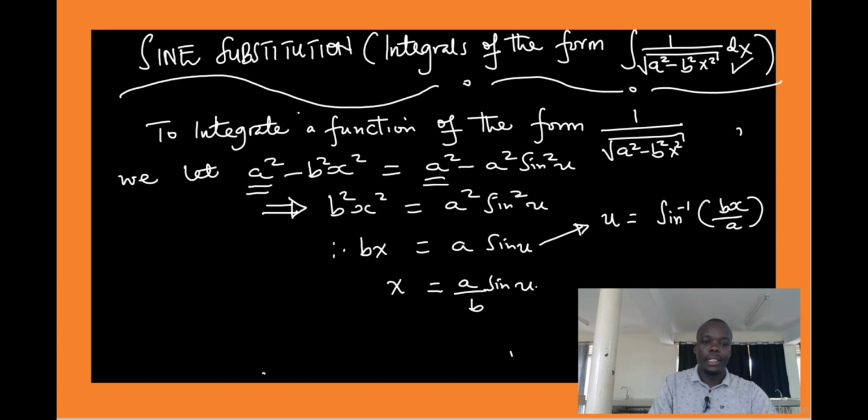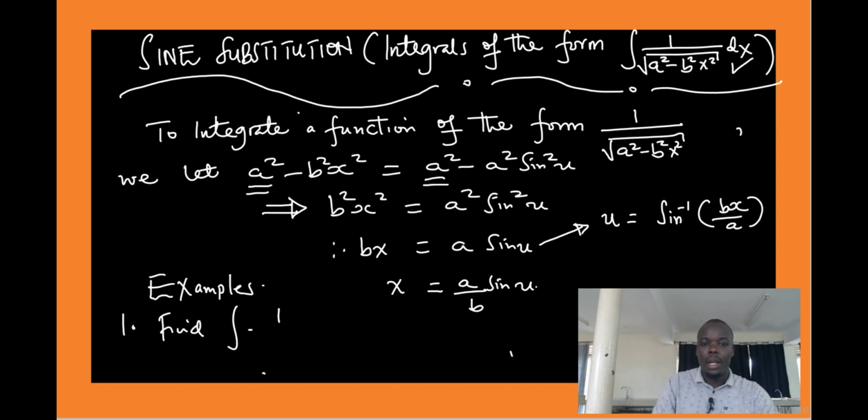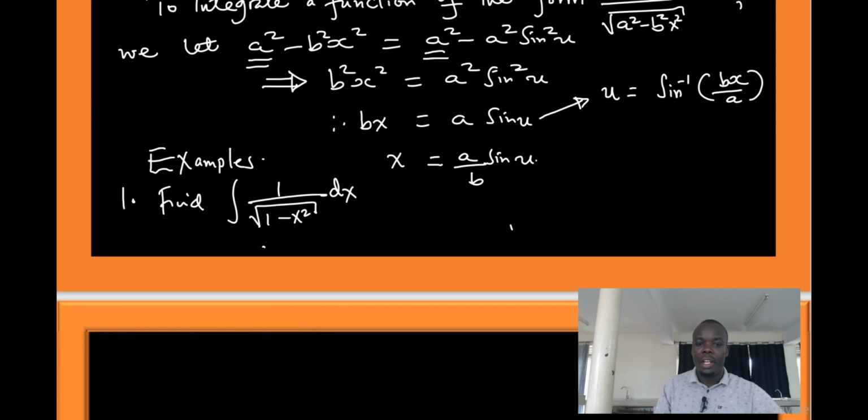We shall start with the very simplest example. Example number one: someone can tell you to find the integral of 1 out of square root of 1 minus x squared with respect to x. If someone asks you to find this integral, you simply begin by doing the following.